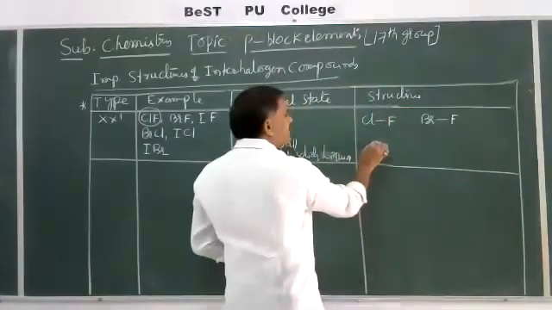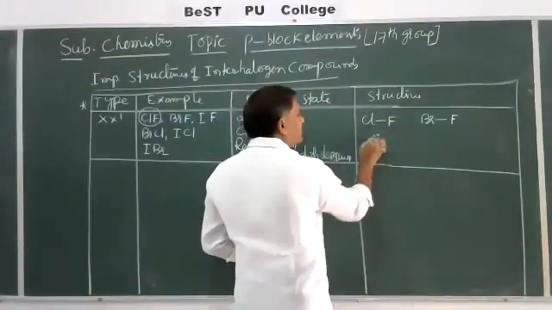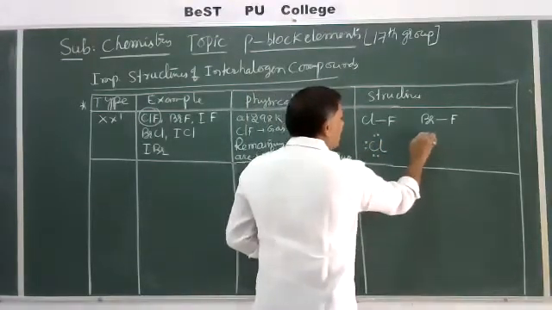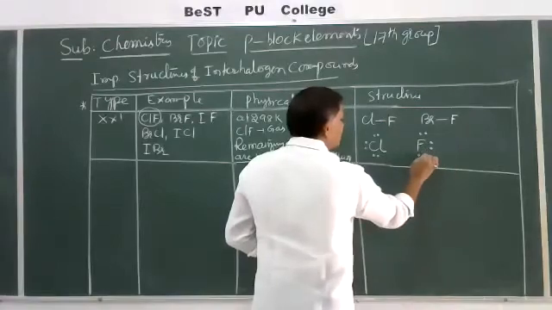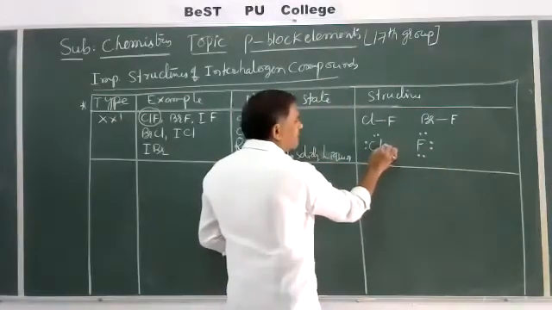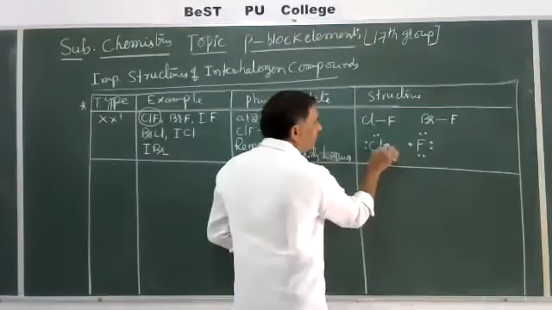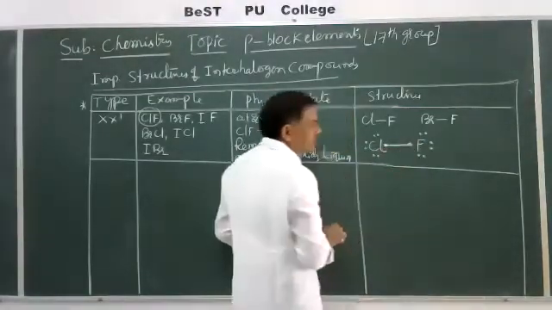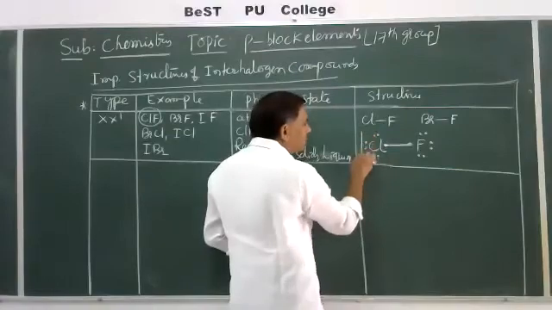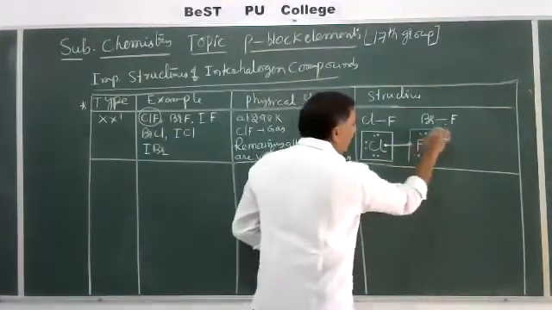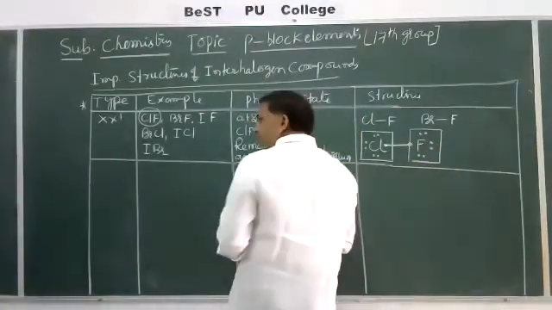In both cases, the chlorine in its outermost orbit contains 7 valence electrons. Fluorine also contains 7 valence electrons in its outermost orbit. Out of 7, each one donates 1 electron to form one covalent bond like this. So on each halogen atom, 3 lone pairs are there.